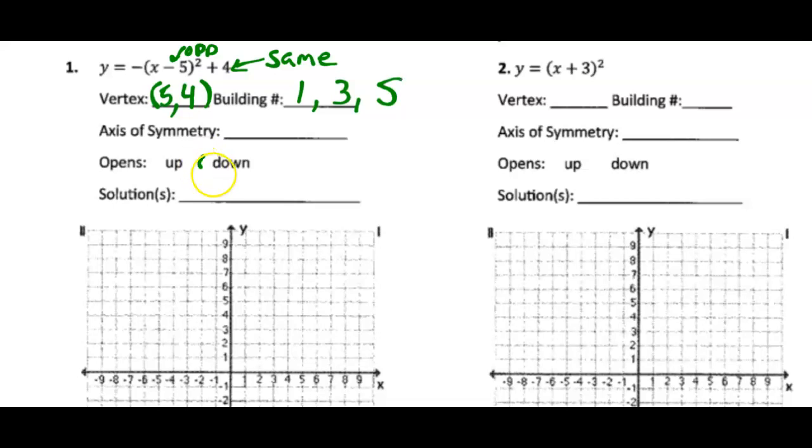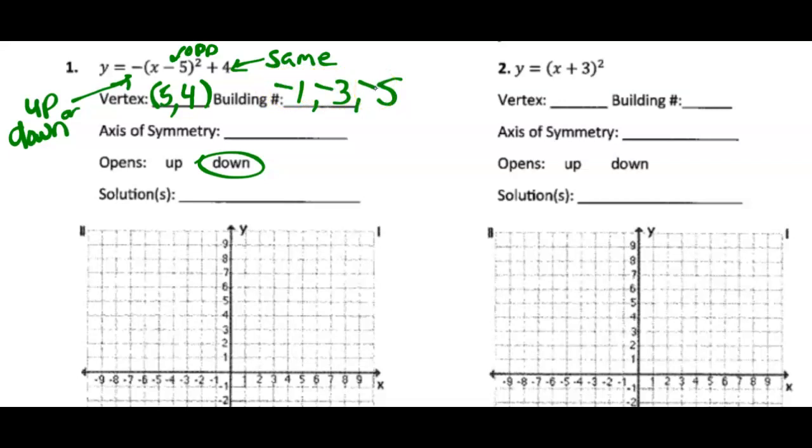Well, I'll tell you that this is a down, and it's a down because of that minus sign. So that tells me if it's up or down. A positive out there, or nothing out there, would be up, and a negative would be down. So this one is down. So my building numbers, therefore, are going to be negative, negative, and negative.